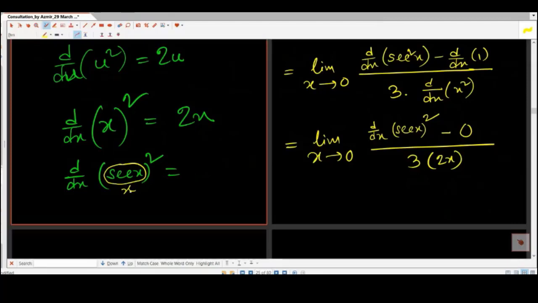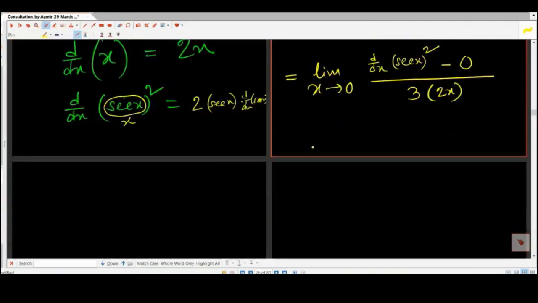So differentiation of x squared will be 2x, that means 2 secant x. And since we have considered secant x as x, we have to differentiate secant x again.